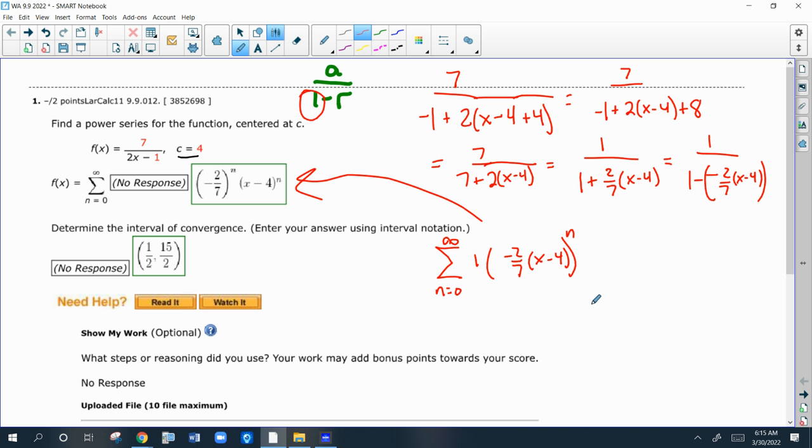So that's it. Now the interval of convergence would be, for what interval would this geometric series have a sum? Well, we already know that. We know that the absolute value of r has to be less than 1. So we know that negative 2/7 times x minus 4, which is r in this case, has to be less than 1 in absolute value.